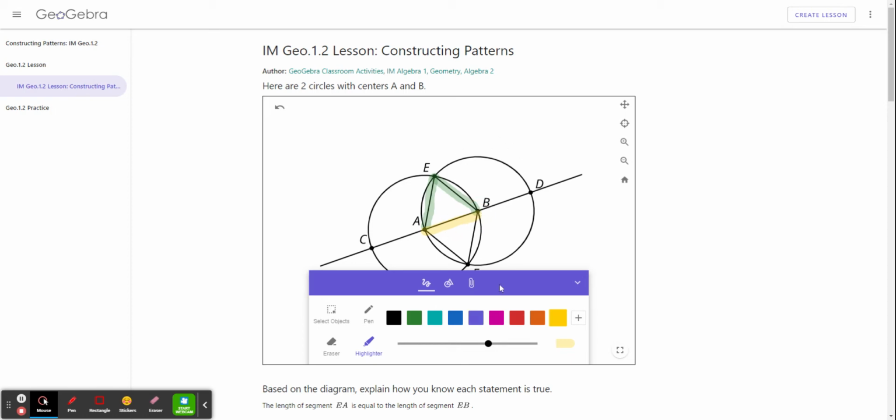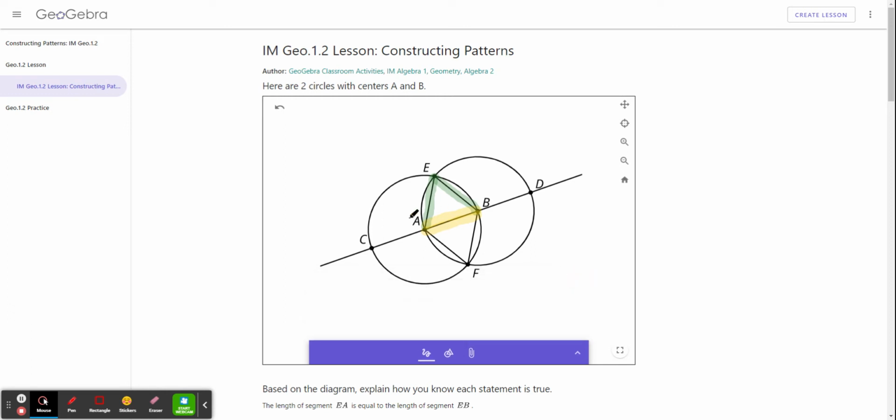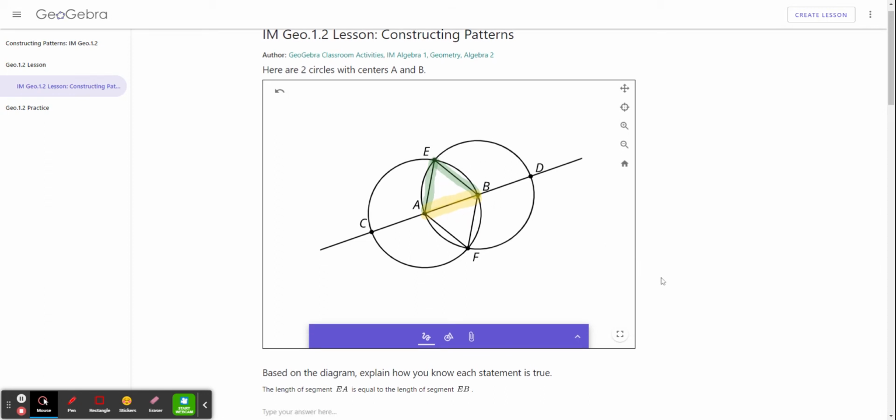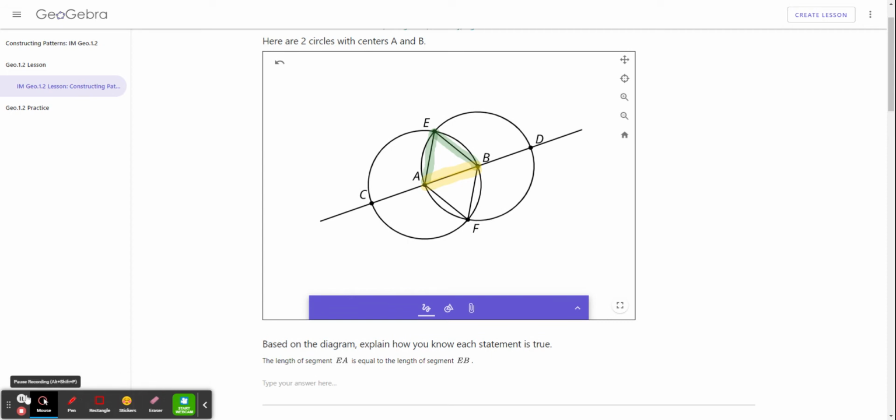And when I look at my other circle, it goes from the center at B out to a point on the edge of the circle, which is A. So because the two circles share this radius AB, that means that the two circles are the same size. So any segments that we draw that would be a radius for the circles are going to be congruent to each other, right? So EA and EB have to be congruent for that reason.